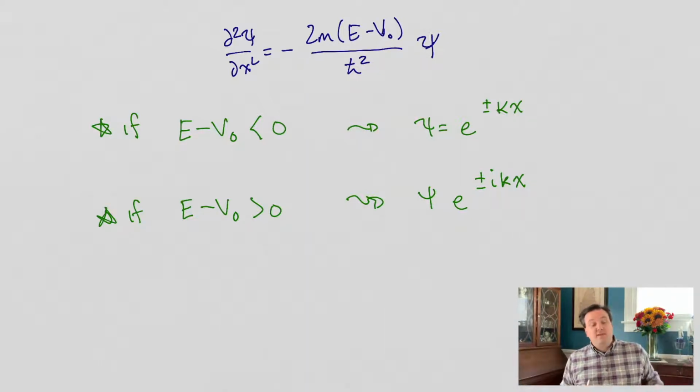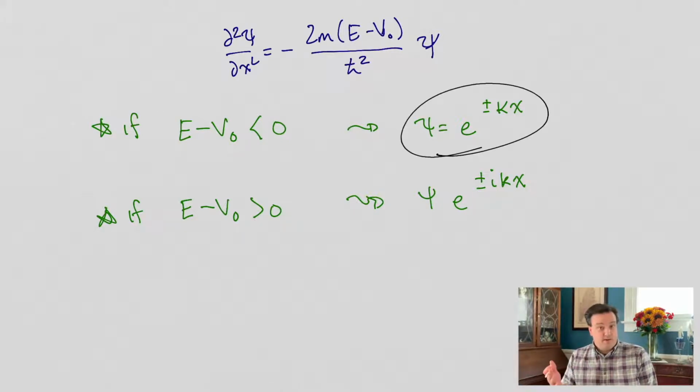If E minus V naught is less than 0, that is, the state's energy is less than the energy of the potential in that region, then I'm going to have regular exponentials. That is, it's either going to decay away or exponentially grow.